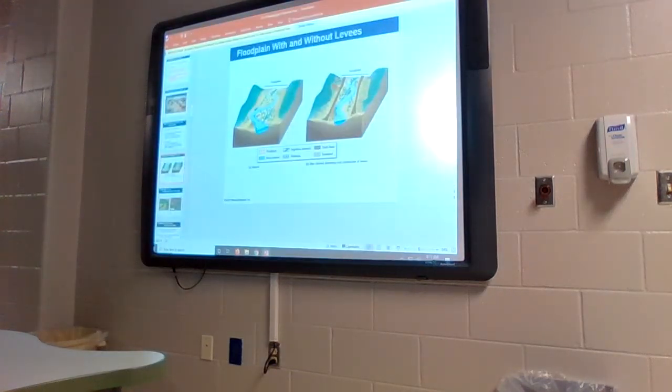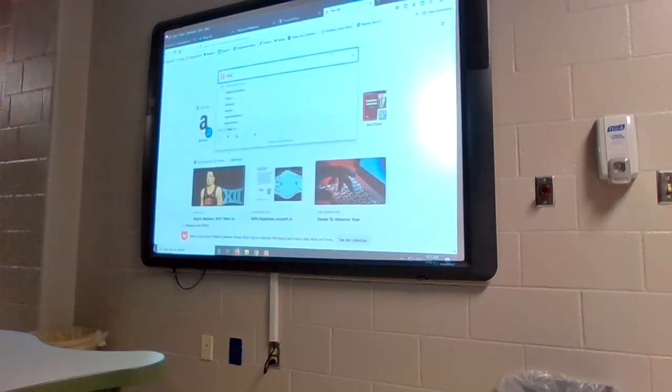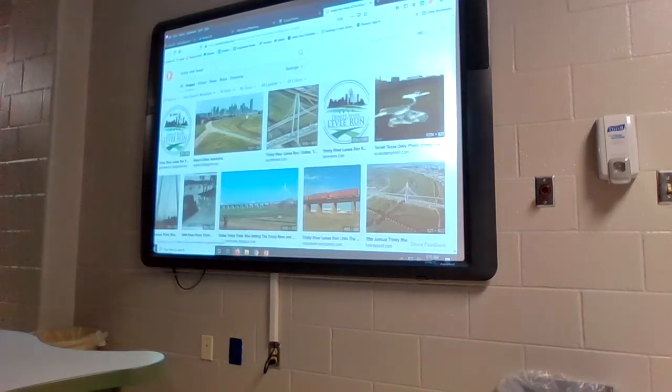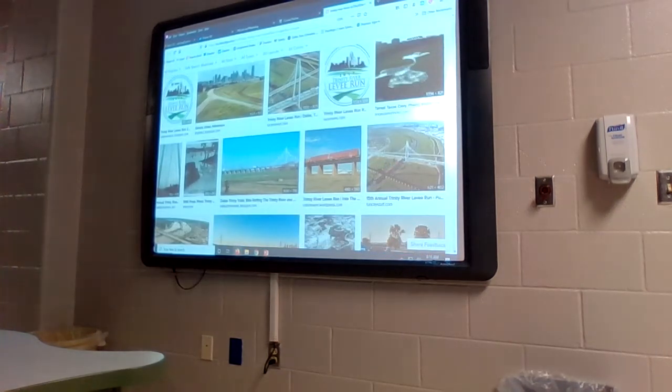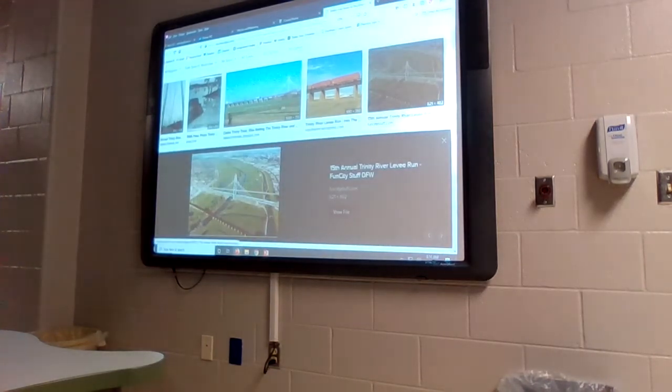Let's see. Trinity River levee. Where are we at? It's kind of like this. This is not where I drive over.